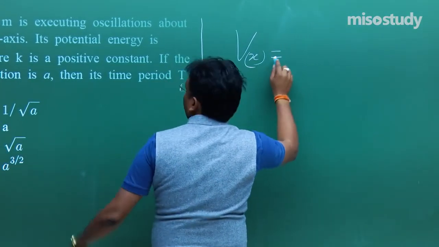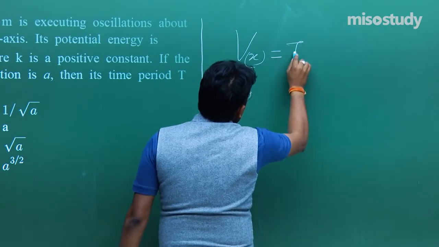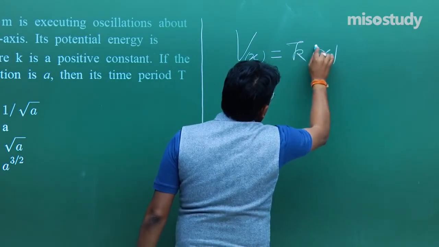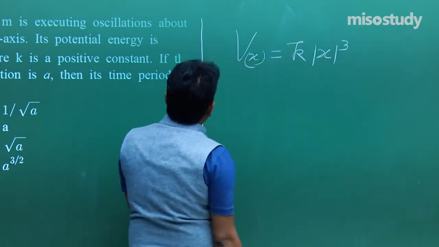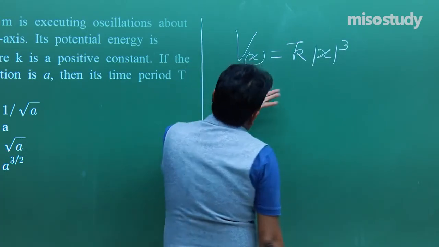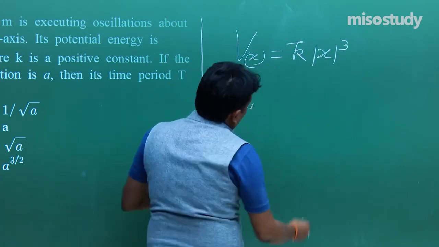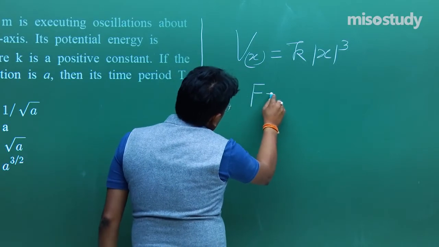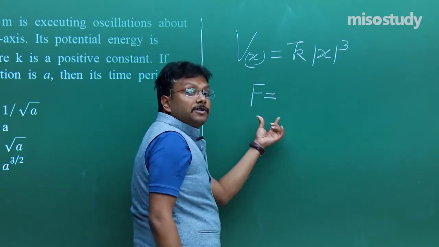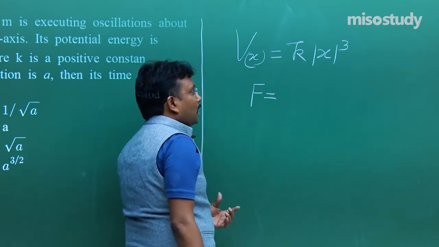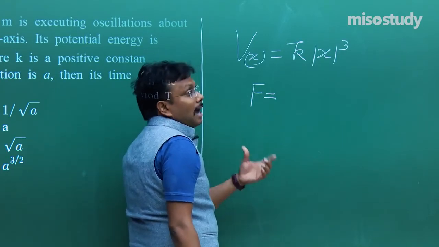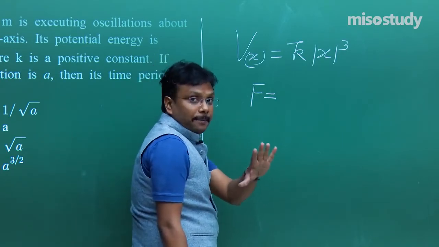V(x) is equal to k mod x cube. This is the potential energy term which is given in this fashion. Now F is equal to this formula which I am going to mention. I am sure you studied it at least in your gravitation chapter. Fine.